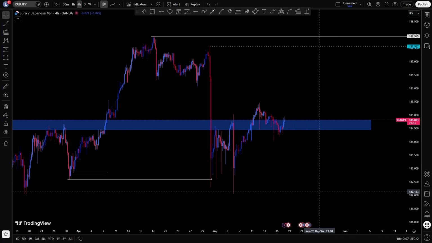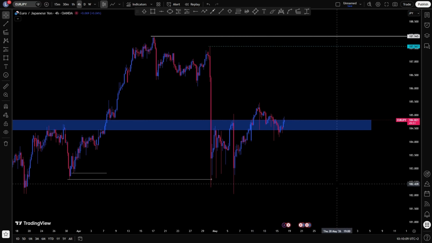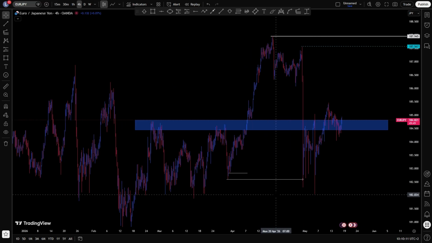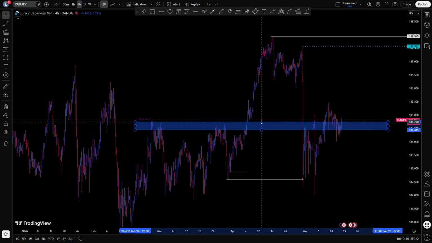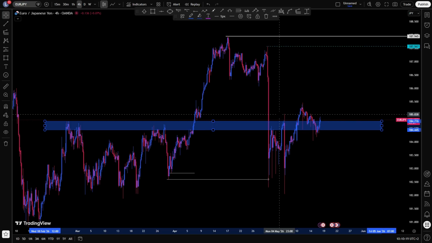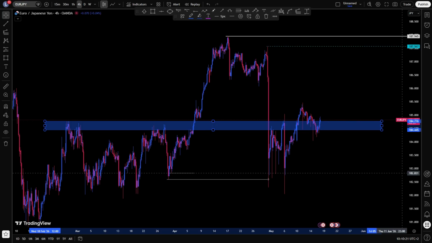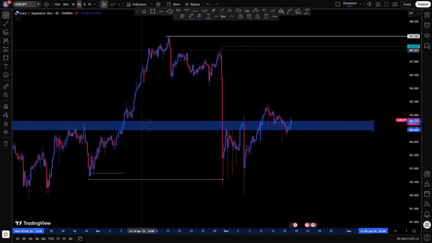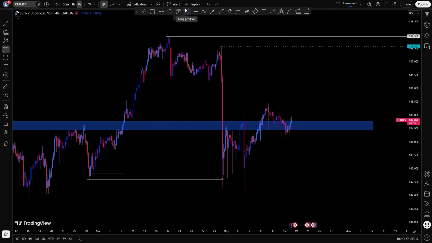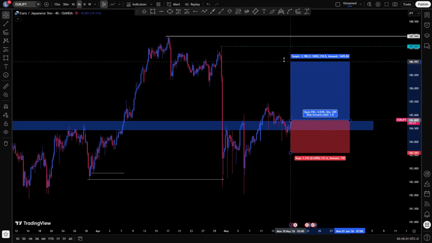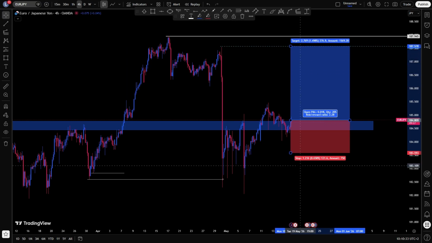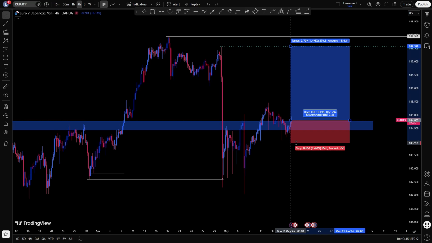So what you could do is a really simple thing: since the market broke above, that means we could be buying. This is an overall direction. From here, we are just buying from there to that top side, and then maybe our stop loss is going to be somewhere there.